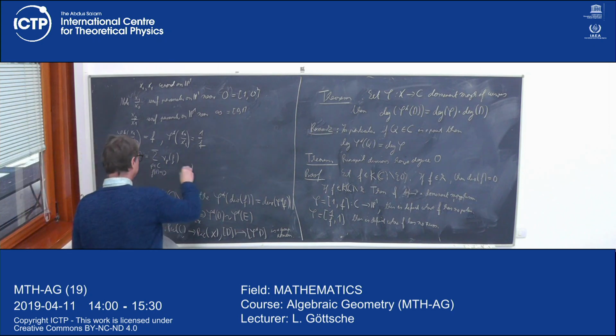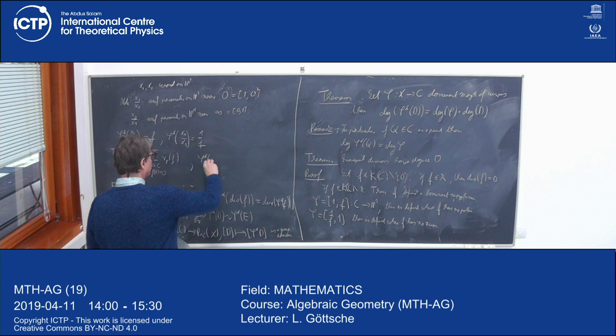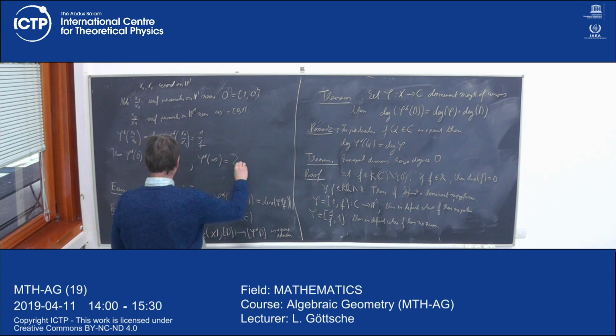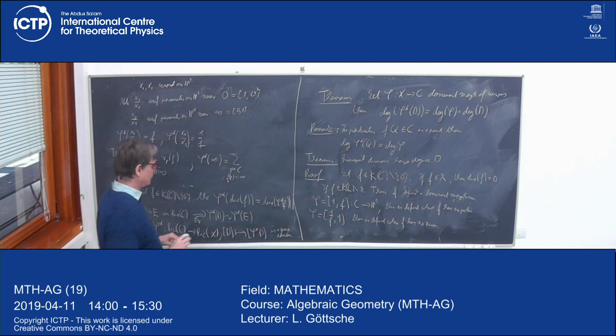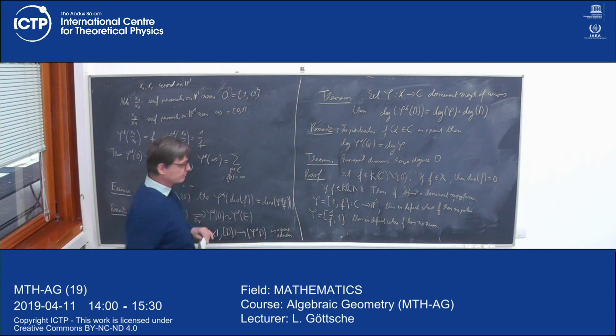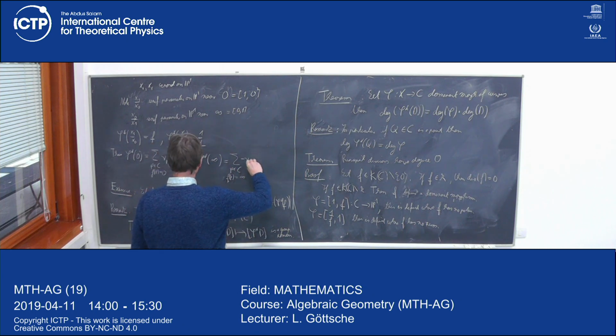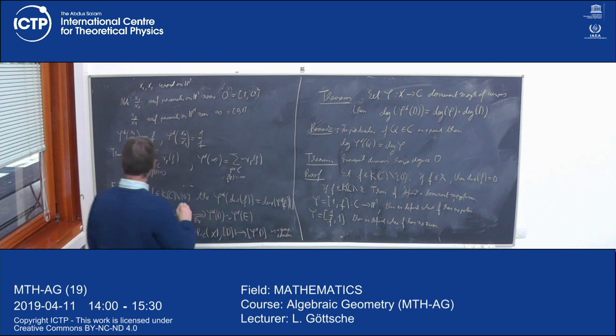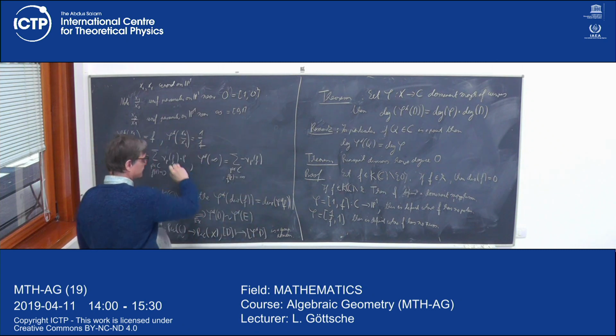If we take phi star of infinity, in the same way, this is the sum over all p in C such that f of p is equal to infinity, so that it's over mu p of 1 over f, which is the same as minus mu p of f, times the point p.